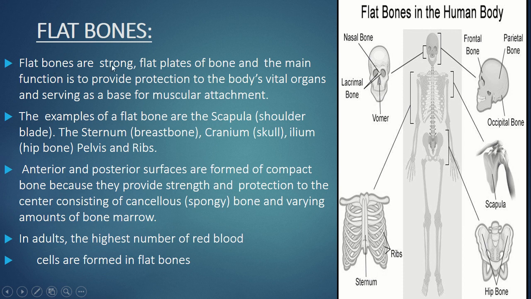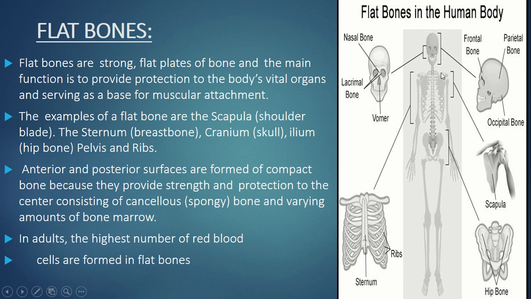Now you can read. Flat bones are strong, flat plates of bone, and their main function is to provide protection to the body's vital organs and to serve as a base for muscular attachment. The flat bones are mainly made for the protection of the vital organs. Here the pelvic organs, here the thoracic organs, the lungs, the heart.